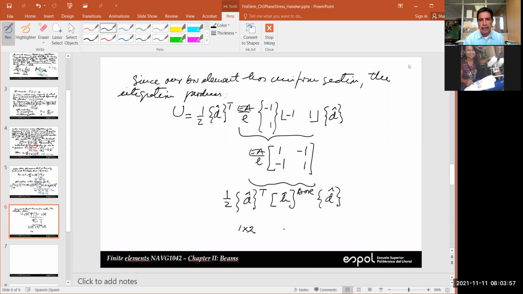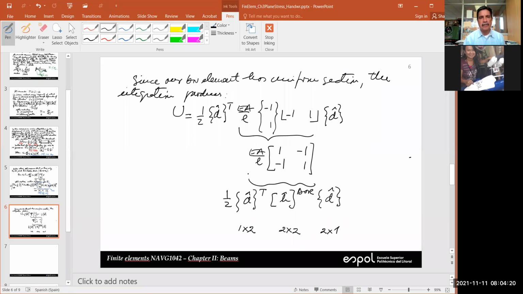So this is a row, this is a 2/2, and this is a 2/1. I say 1 and I write 2, come on. There. So this is 2/1.